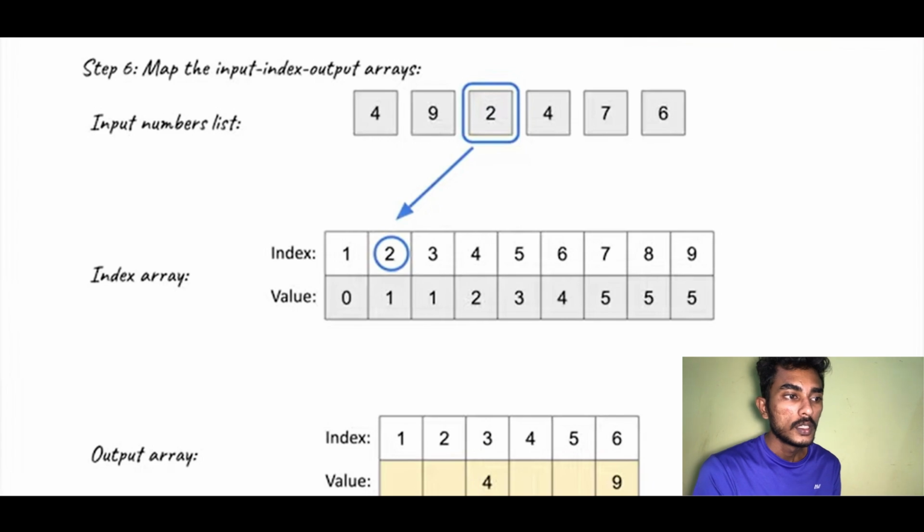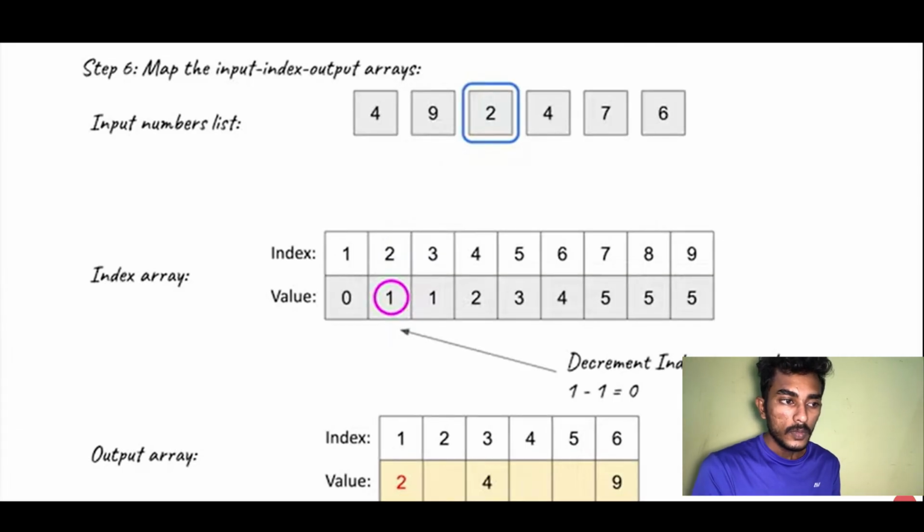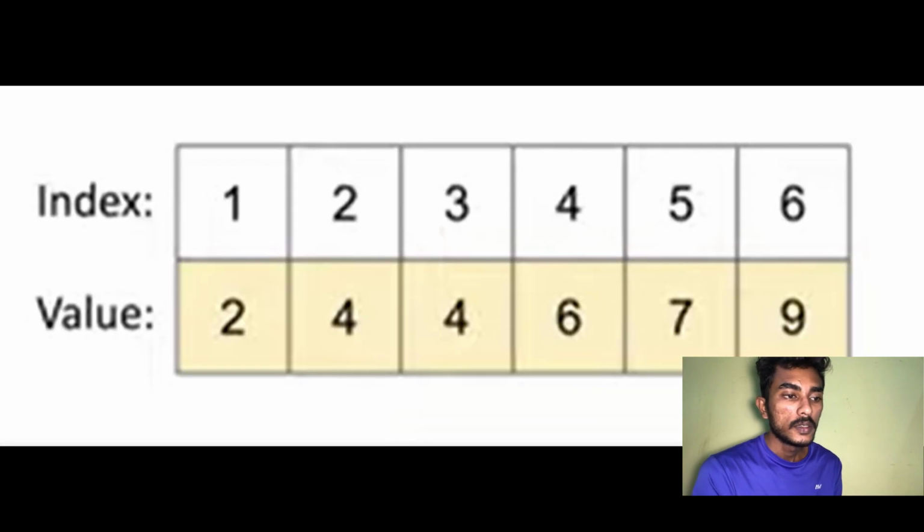You can see 2 has a value 1. You add 2 at output array index 1 minus 1, that is 0. Other values you can add like that.